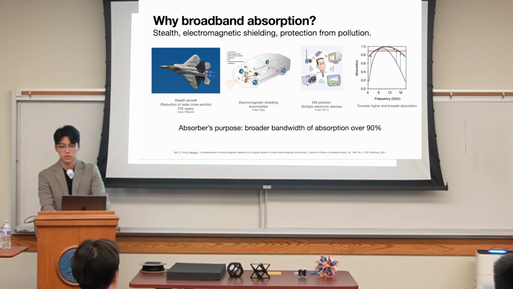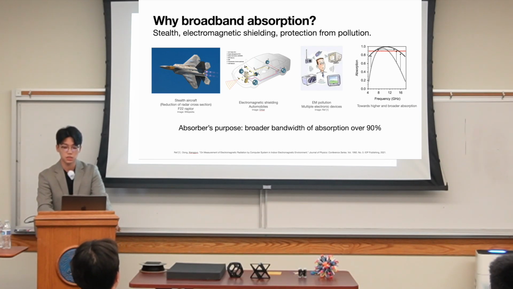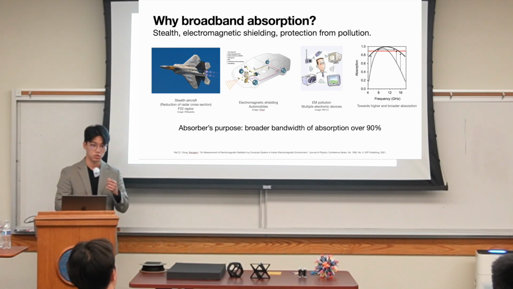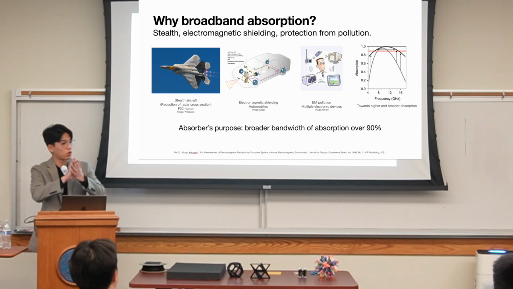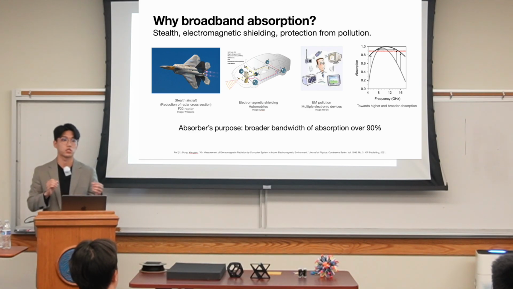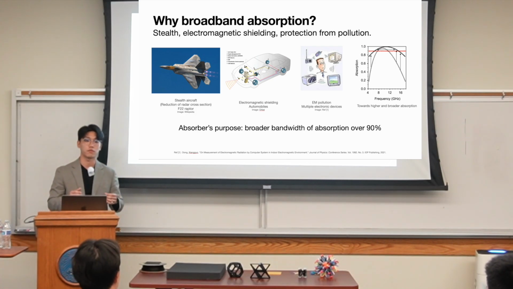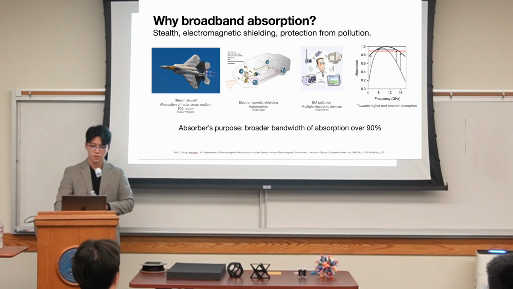So what we want here, if we see the graph, is to increase the absorption over 90%, which is generally considered good absorption, and towards a wider frequency range. The reason is that if we can achieve broadband absorption in the wide frequency with one structural material, then we'll be able to use it for different applications.